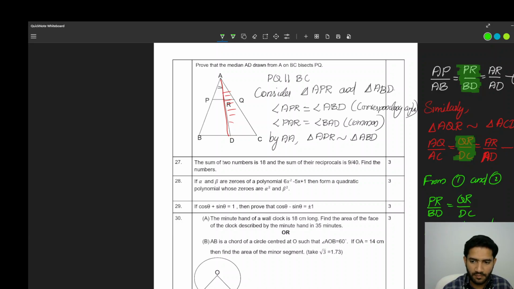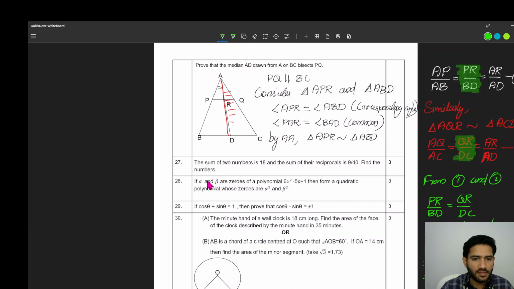Therefore, BD equal to DC. So for a proportion, the denominators are equal, then the numerators are also equal. So PR is equal to QR. That means AD bisects PQ. Okay.